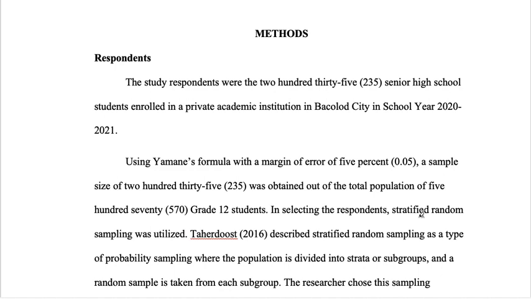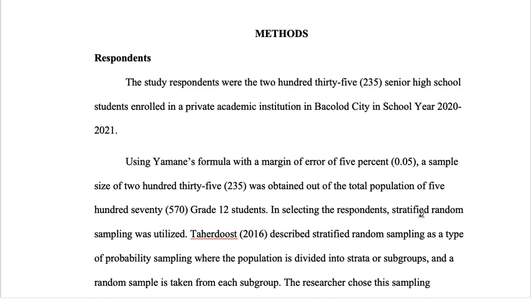And take a look at this because this is how you provide the profile of the respondents. When we say profile of the respondents, remember, going back to the statement of the problem, we are to divide our respondents according to sex and strand. So meaning, we have to provide the sample size based on sex and strand.